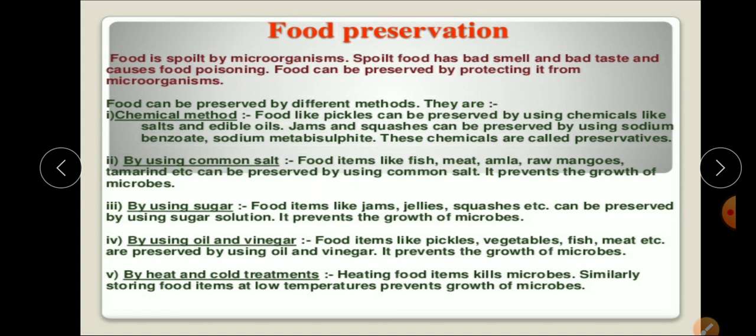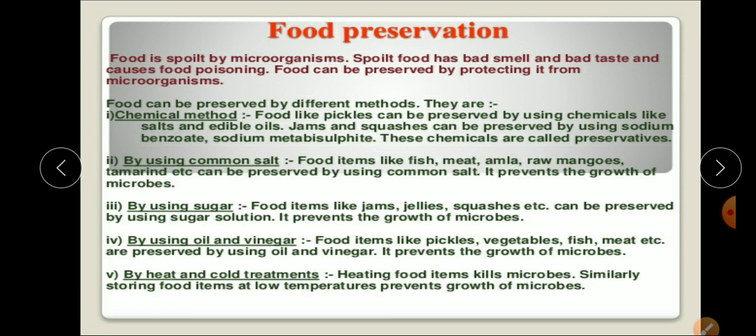You already know that bread left unused under moist conditions is attacked by fungus. Microorganisms spoil our food. Spoiled food emits a bad smell and has a bad taste, and it can even change the color.